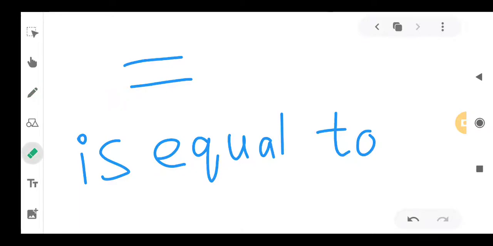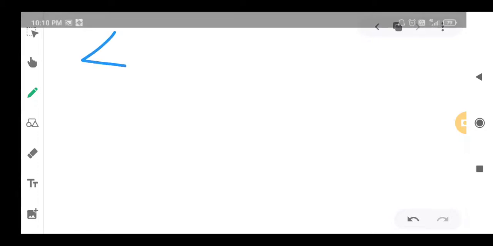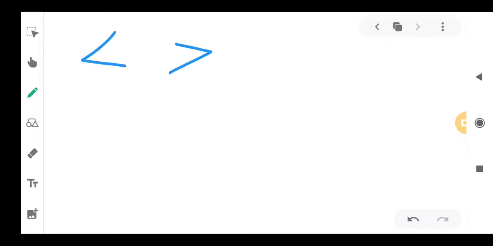right. So now by using these symbols, that is less than, greater than and is equal to, we have to compare numbers. So this first symbol less than indicates that some number is less than that number.